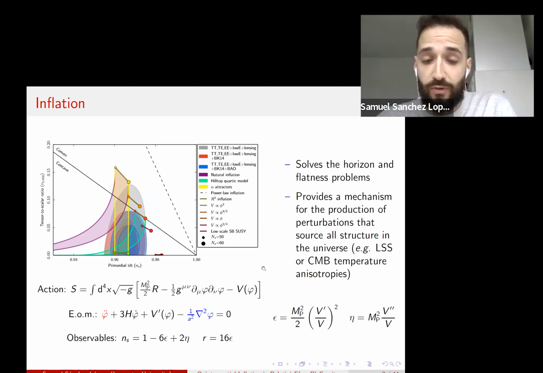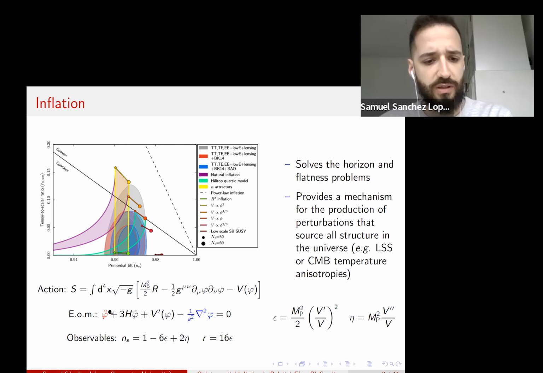There's a plethora of different models, but even the simplest ones that you can write, like this action here, which is just Einstein-Hilbert gravity, a canonical kinetic term, and a potential, already give pretty good predictions. The equation of motion for the inflaton in this case can be analytically solved.